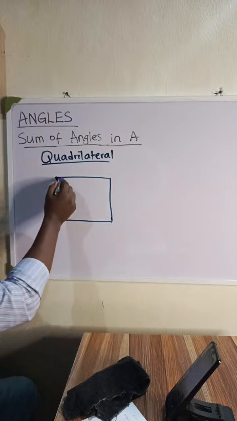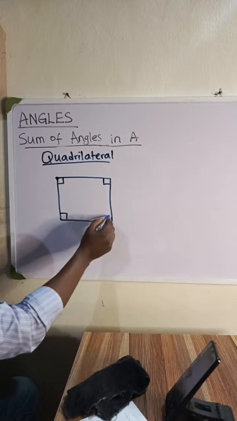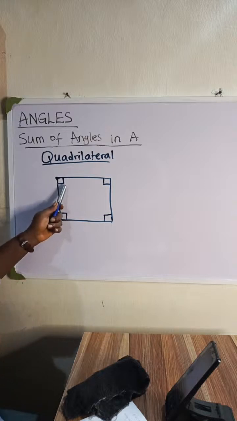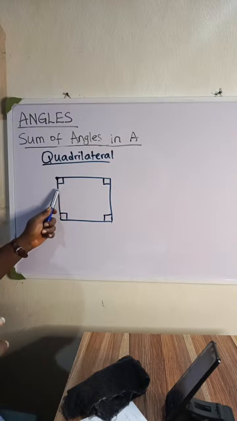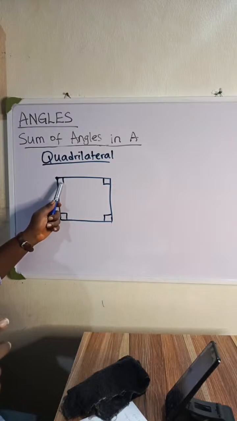So this angle, this angle, this angle, this angle. So each angle of a square is equal to what? We said it earlier at the beginning of the class, where a vertical line and a horizontal line meet, they form a particular angle. What angle is that?